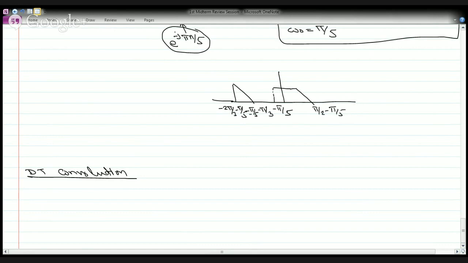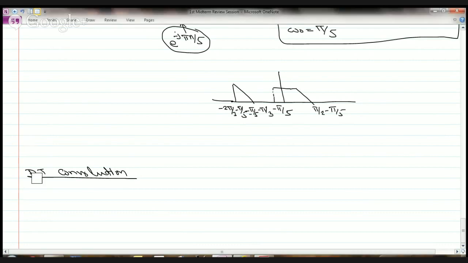So this is actually continuous time convolution, which is something you guys have done many times in your 345 lecture.